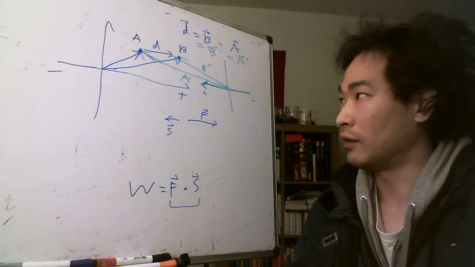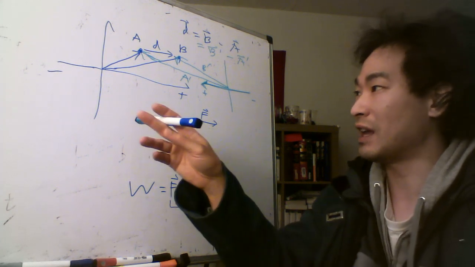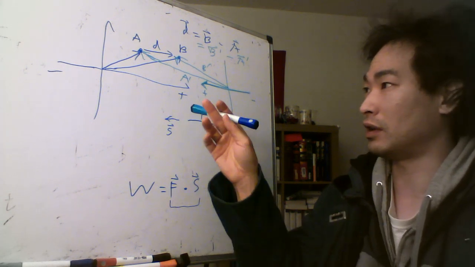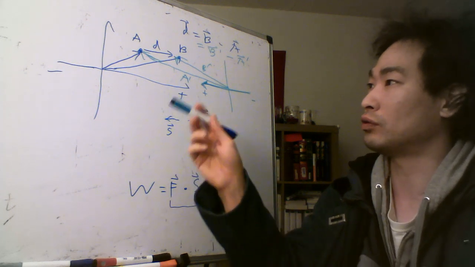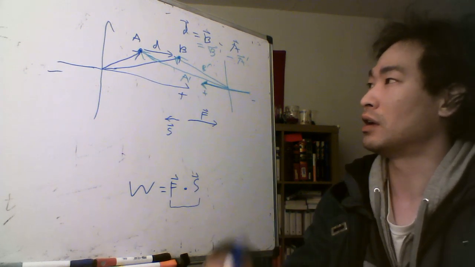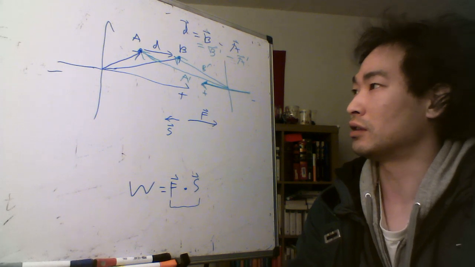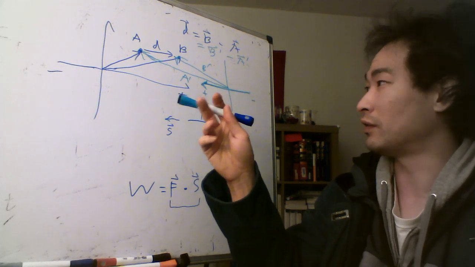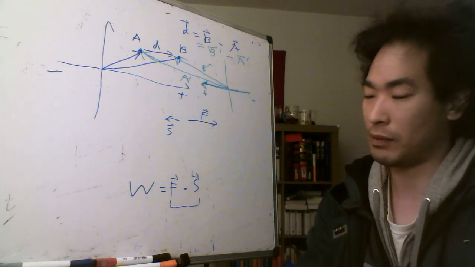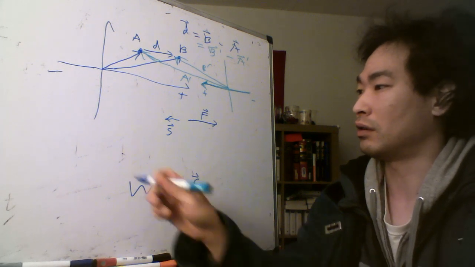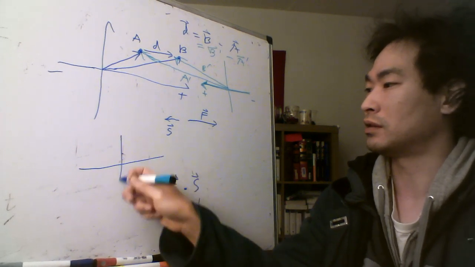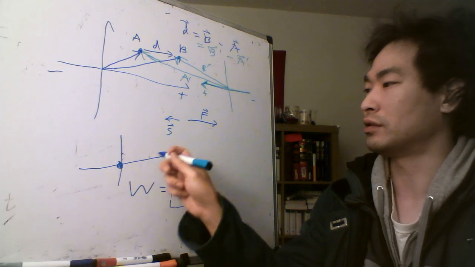Okay, if two coordinate system has the same direction, the only difference between two coordinate system is just the location of this origin.